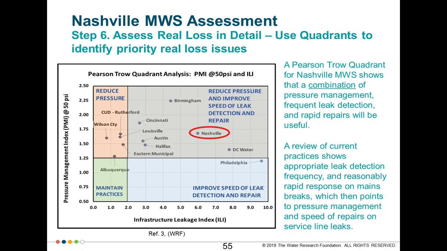Well, what this is telling you is if you have a very low ILI of 1 or something, but you have a high pressure management index, well, then you better get on the job of reducing pressure. Whereas if you're way over on the lower right corner of the graph, a high ILI and a low pressure management index, then your issue and strategic direction is on speed of leak detection and repair. And you can see Nashville is sort of in the middle there.